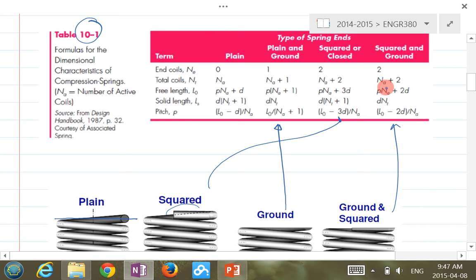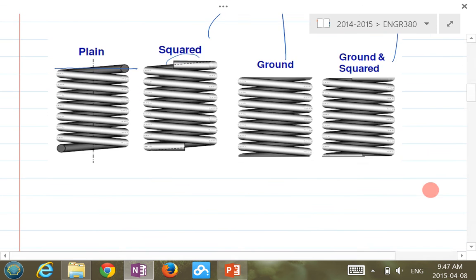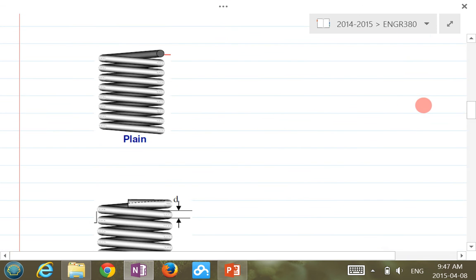That's how you get NA, because you need NA for calculating stiffness. And for free length LO and LS, you have the formulas corresponding to different endings. So that's how you can calculate LO and LS, and also the pitch. Okay, yeah. So use this table for your purpose.